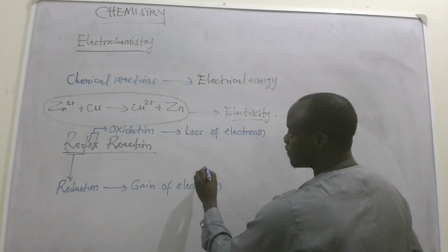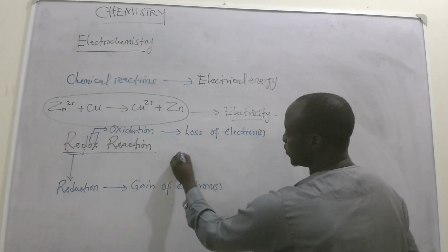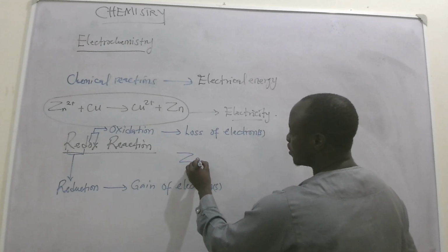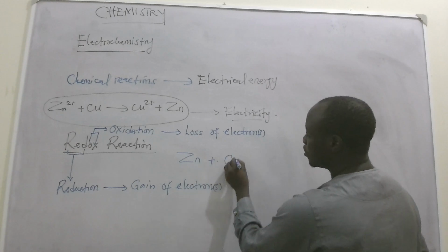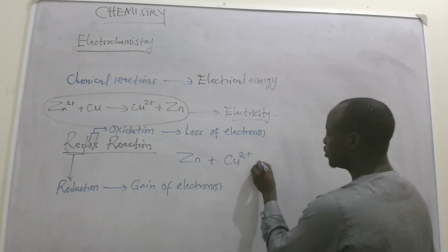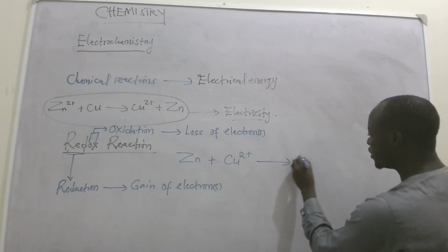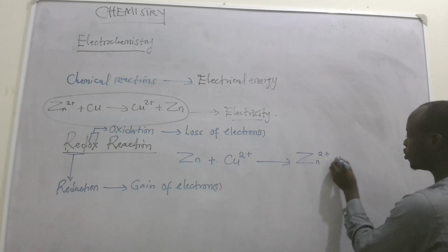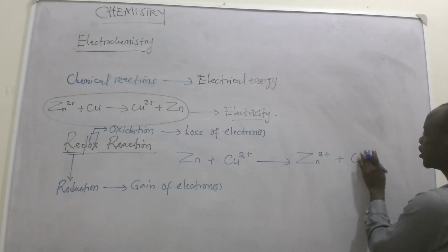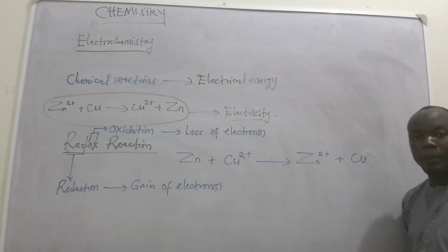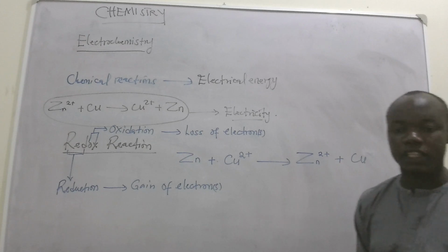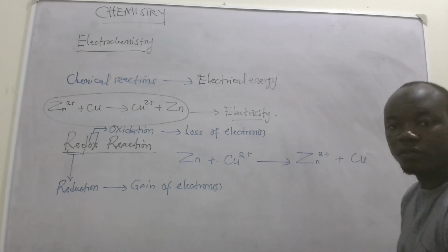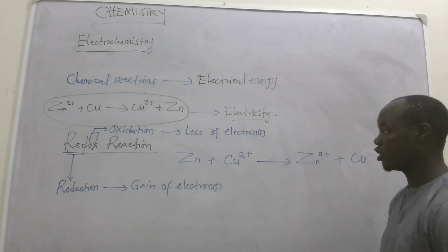Let's say now we have zinc plus copper 2 plus to generate zinc 2 plus plus copper. Now let's look at this reaction and demonstrate the concept of oxidation and reduction.